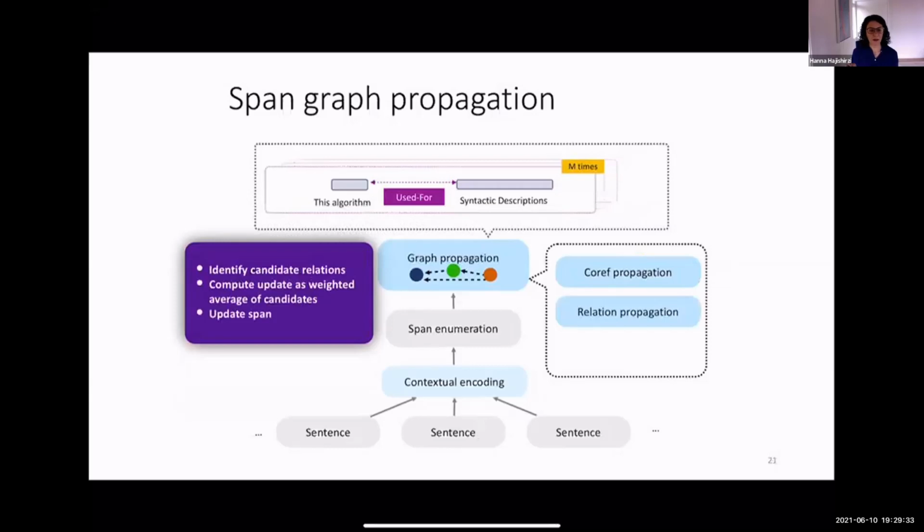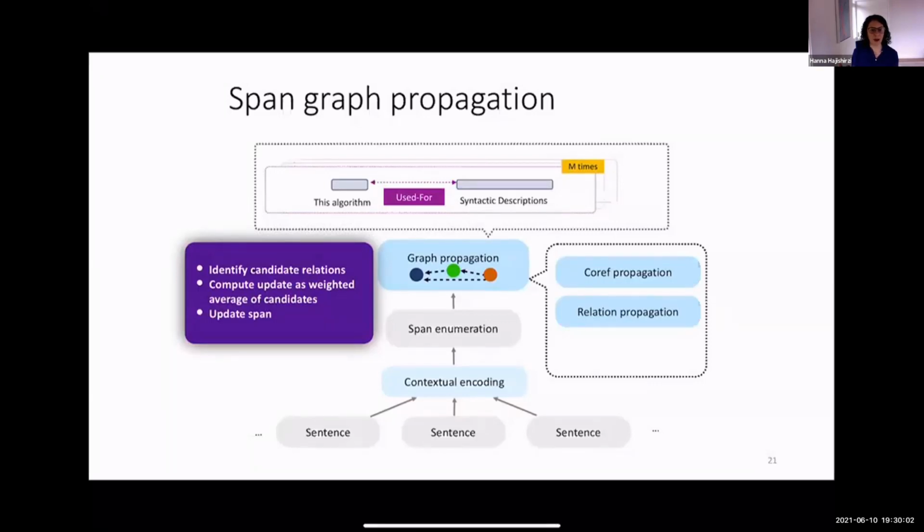And then we like to update the encoding of each phrase according to the relationships that each phrase is in. For example, we want to update the representation of a phrase like this algorithm, and we know it is being used for syntactic descriptions. So the idea is the encoding of syntactic descriptions should inform the encoding of this algorithm.